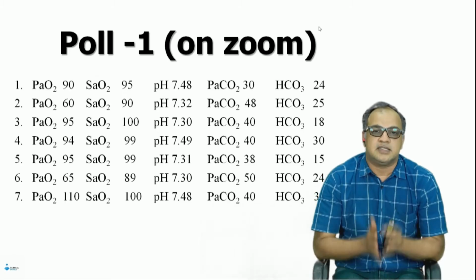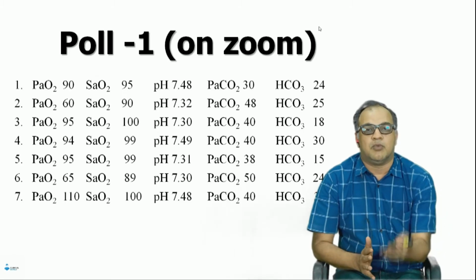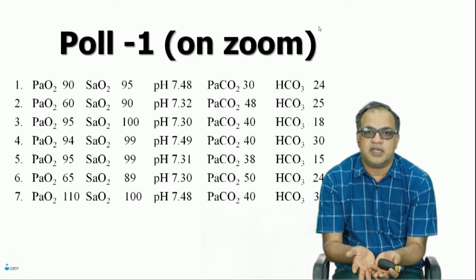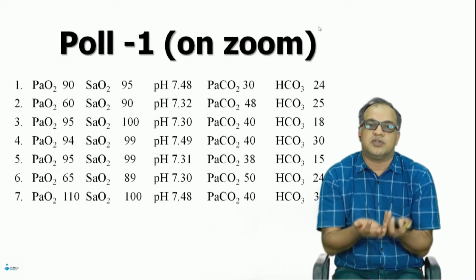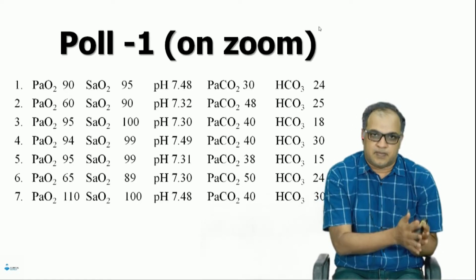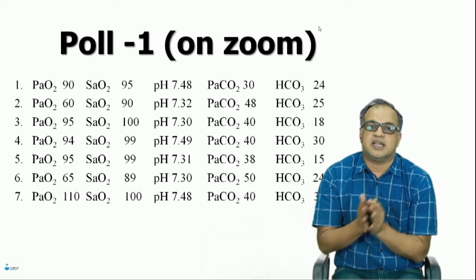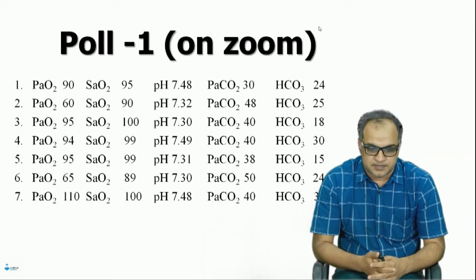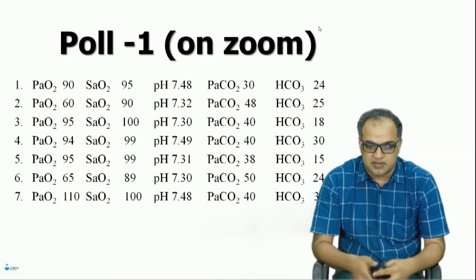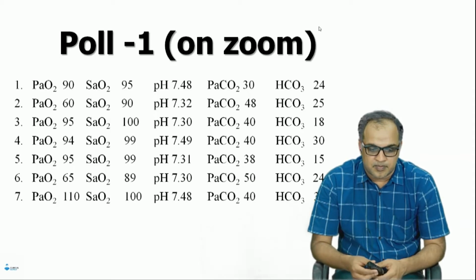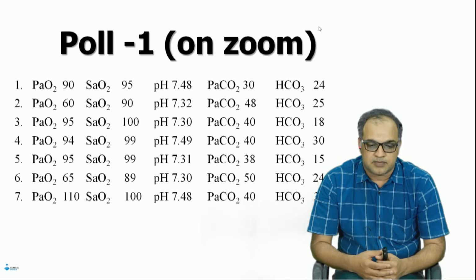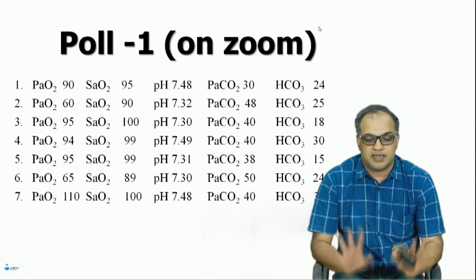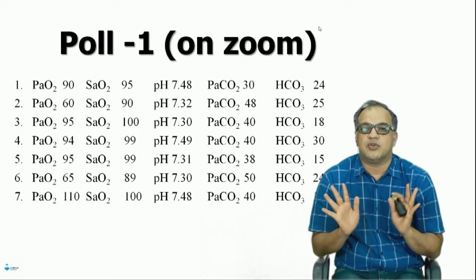All we have to see is if the pH is more than 7.4, so it is alkalotic. Is it less than 7.4, so it is acidotic. Alkalotic, acidotic. Less than 7.4, more than 7.4. Seven votes, more. See, the webinar is stuck at the poll. Unless 20 people vote, I won't go further.